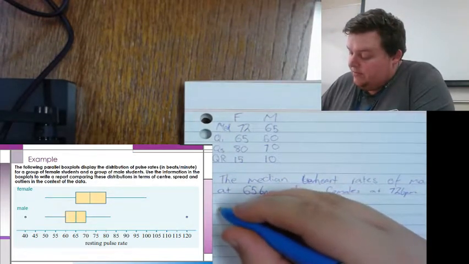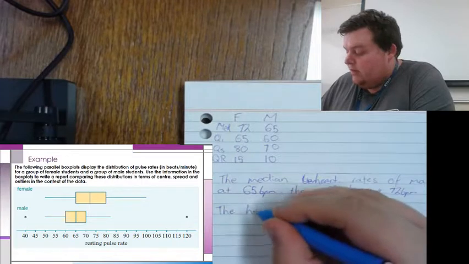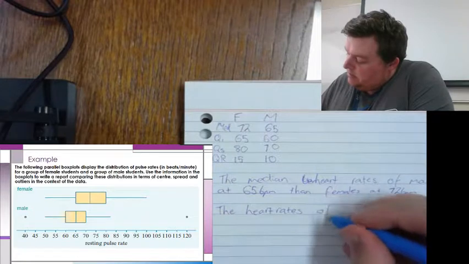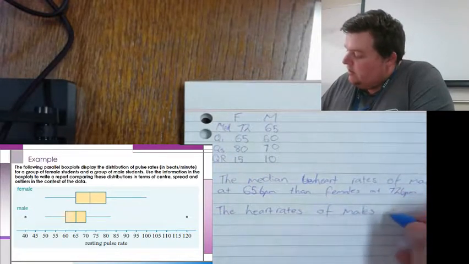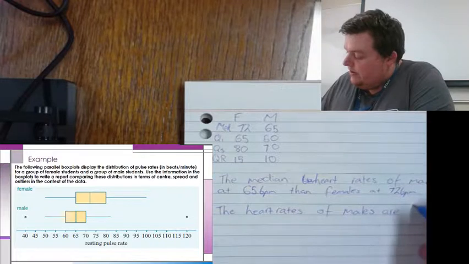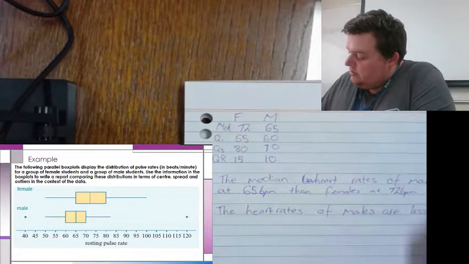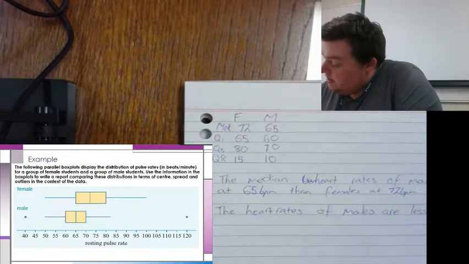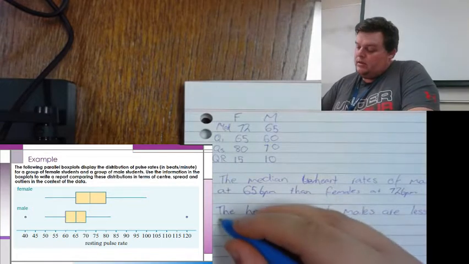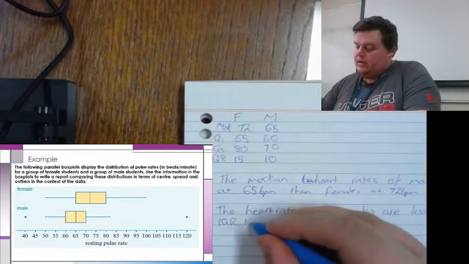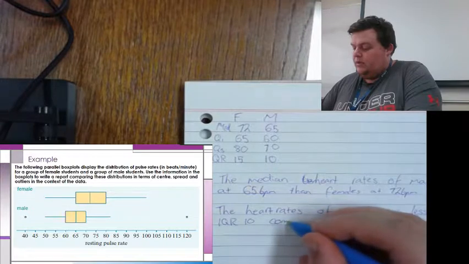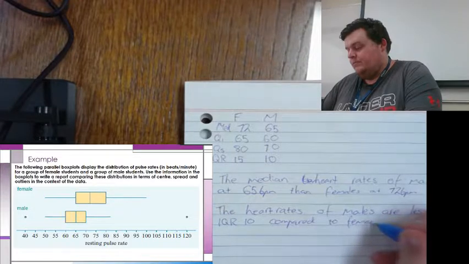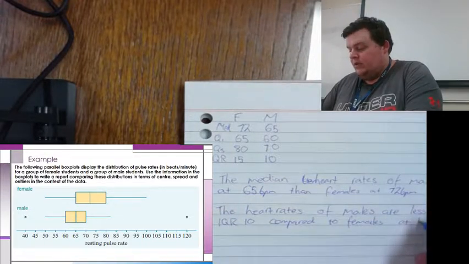So you'd say the heart rate of males are less variant or less spread at an IQR of 10 compared to females at 15.